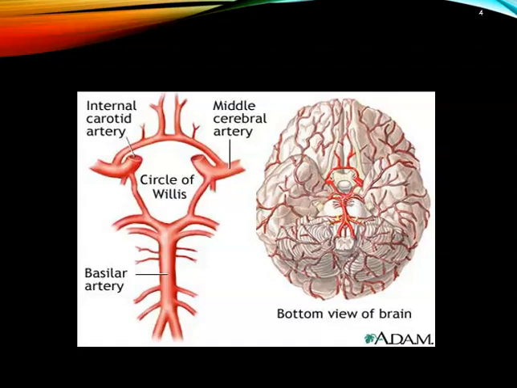The posterior portion of the brain is supplied from blood flow within the vertebral arteries that come together to form basilar arteries that supply the brainstem and the cerebellum. These major arteries are connected to form a circle of blood vessels known as the circle of Willis. The circle of Willis provides alternative routes for brain tissue to receive their blood supply.